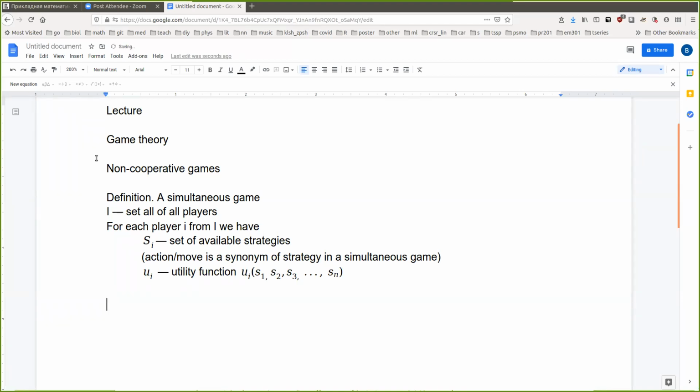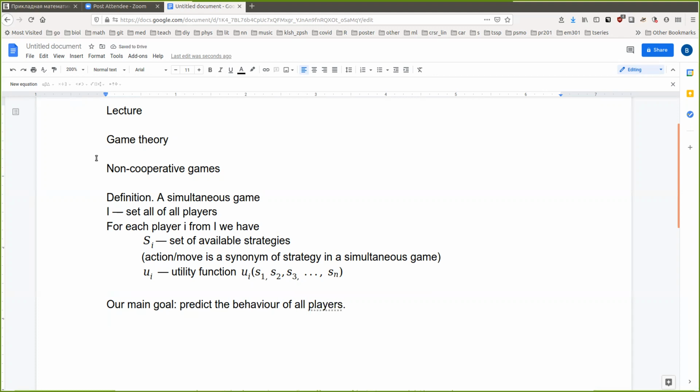And we need to predict somehow how the game will be played. So our main goal is to predict the behavior of all players.